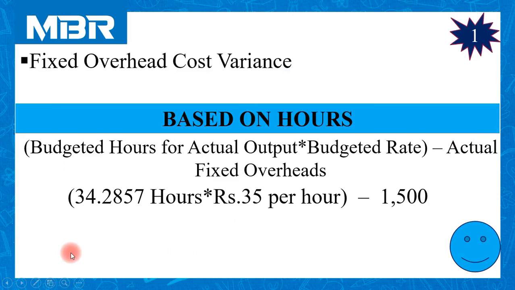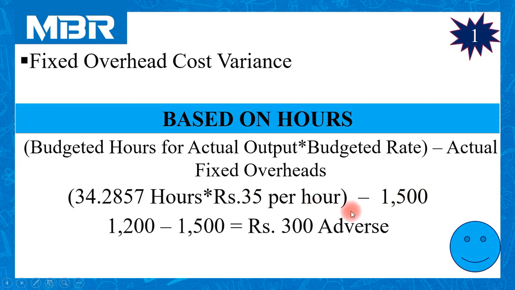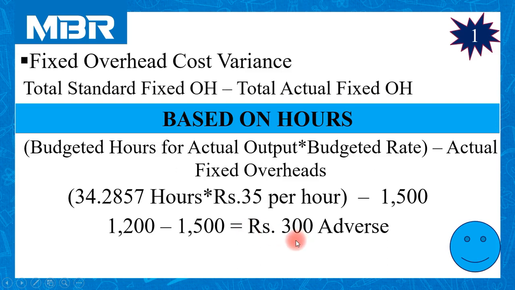So with this, we can enter the numbers in the formula. 34.2857 hours multiplied by rate per hour, as per our calculation rupees 35, minus 1500. So 1200 budgeted expenditure, or you can say total standard fixed overhead, minus actual overhead 1500. Result is again 300 adverse. The basic formula is similar: the standard fixed overhead minus total actual fixed overhead.